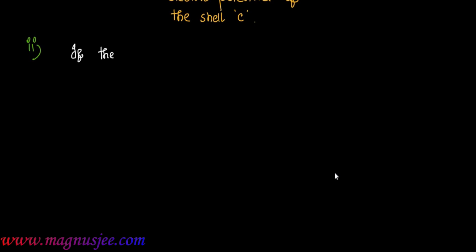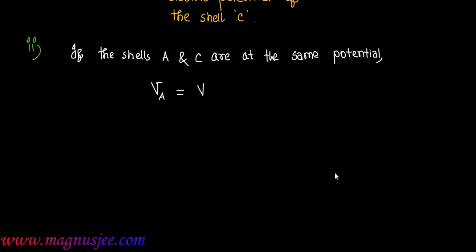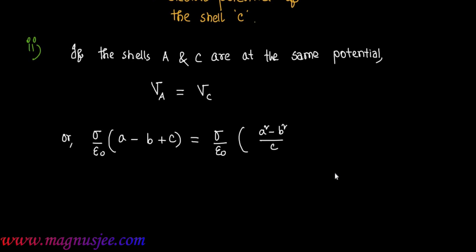If the shells A and C are at the same potential, then Va will be equal to Vc. Or sigma by epsilon 0 into a minus b plus c equals sigma by epsilon 0 into a square minus b square divided by C plus c.